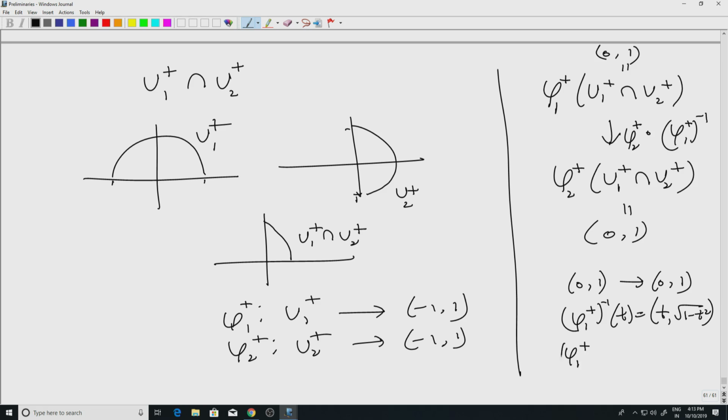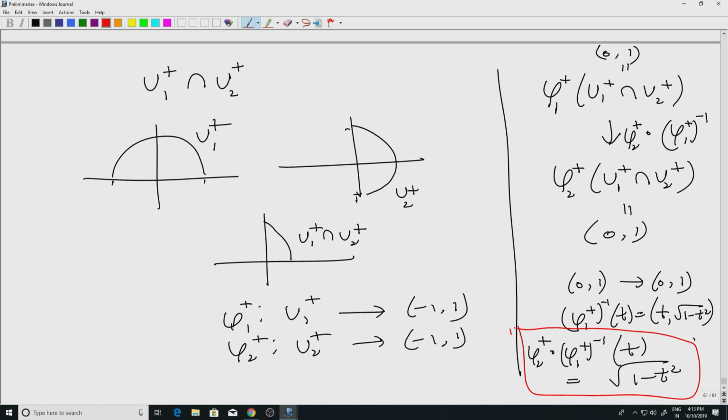So therefore the transition function phi1 plus inverse composed with phi2 plus, acting from this open interval to this open interval, will take input t. When I first do phi1 plus inverse, I get this, then I look at the y coordinate, therefore I get square root of 1 minus t squared.